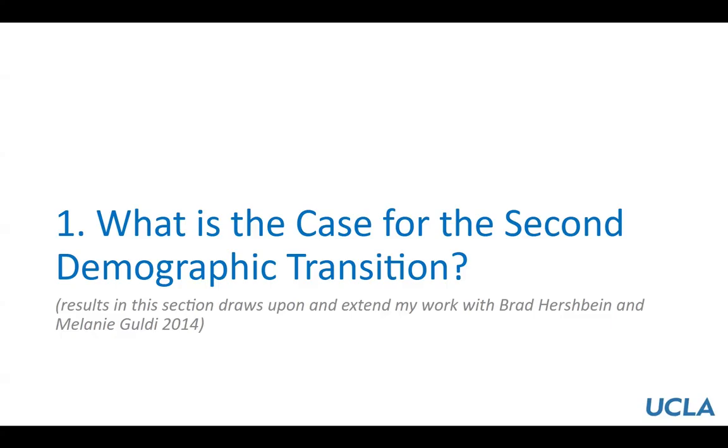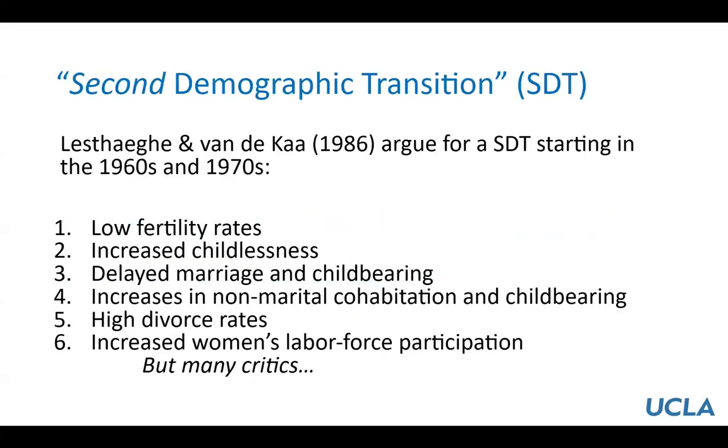Okay, so what is the case for the second demographic transition? I want to start by just saying this is based on some work I did with Brad Hirschfein and Melanie Gouldy about a decade ago. And so they're very important collaborators, and what you'll see today will update those slides. So what is the second demographic transition?